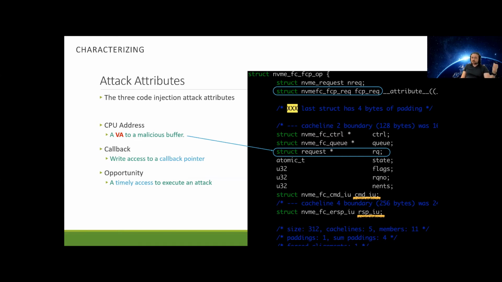One of the fields points to the head of the data structure. The other thing we define is the callback function to override. And the third thing, we need an opportunity, namely that once the callback function was overwritten, it will not be reset and instead be executed by the CPU. And that's exactly what will happen in the case of the NVMe Fibre Channel operation.